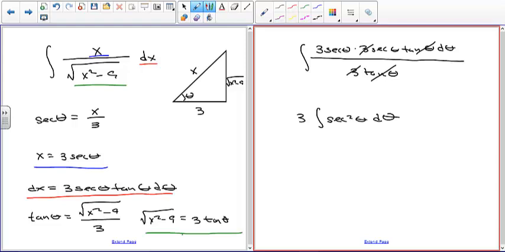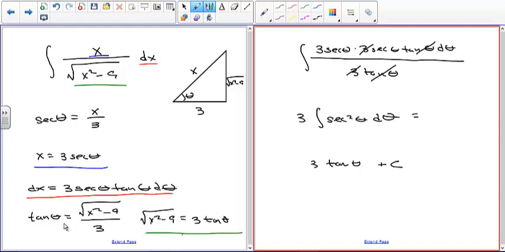What's the derivative of the tangent? Secant squared. So the integral of secant squared is tangent. So we can do that integral, and you'll get 3 tangent theta plus c.